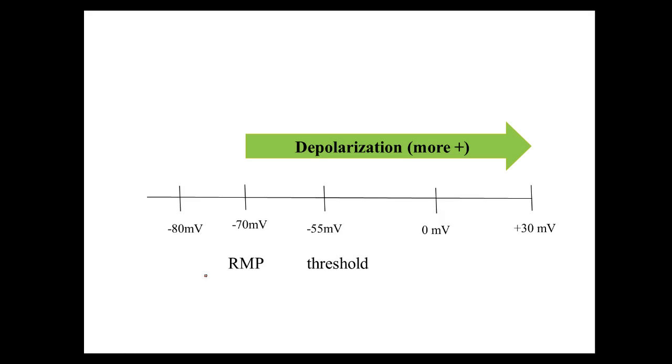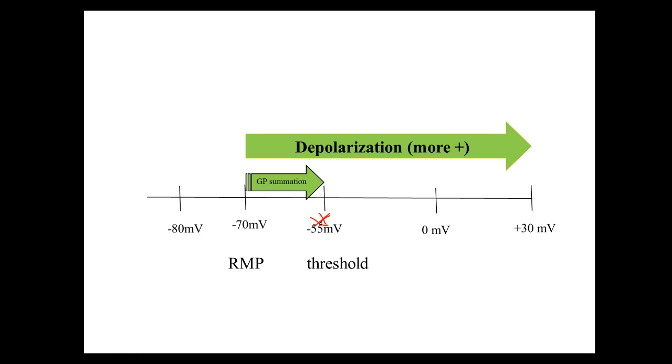Anytime we go more positive, we call this depolarization. So going to threshold and past it towards positive 30, we're getting more positive. For this to even start, we have to have graded potentials summate within the somas and dendrites and reach that hillock. As long as they reach the hillock right at -55, an AP will begin.